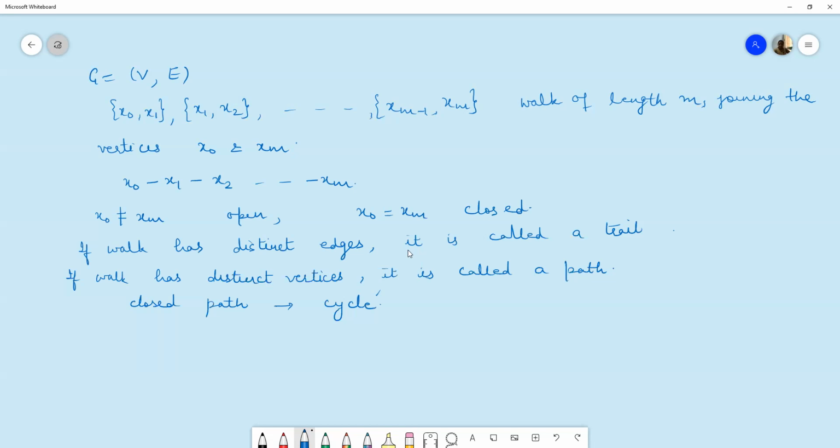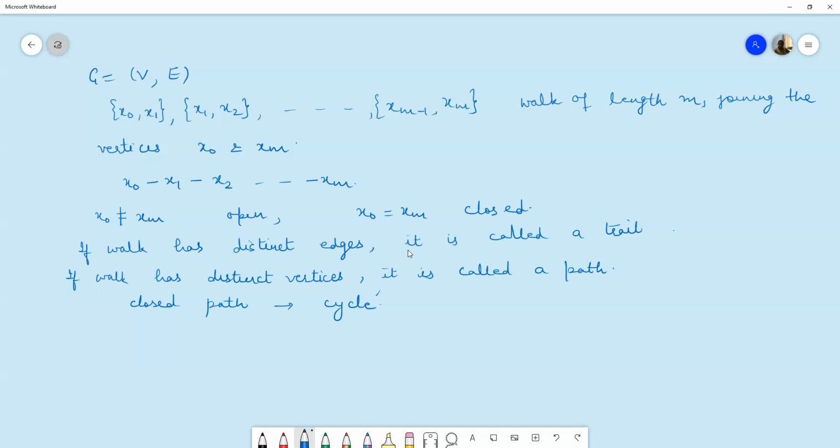Now we can easily check that the edges of a trail, which is a walk that has distinct edges, joining the points x0 and xm, can be partitioned so that one part of the partition determines a path joining x0 and xm, and the other part determines cycles.